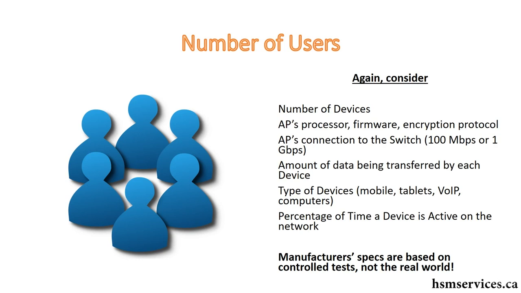Think about what kind of connection you have between the access point and the switch, and how much data is being transferred by each device. So are people watching movies, or are they just checking their email? That's going to impact the number of users you can handle. What kind of devices they're using, cell phones, tablets, computers, and also the percentage of time a device is active on the network.